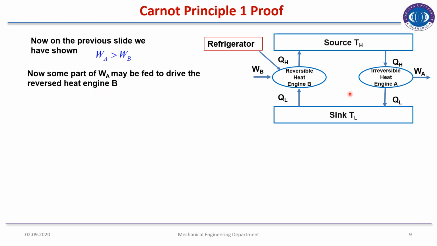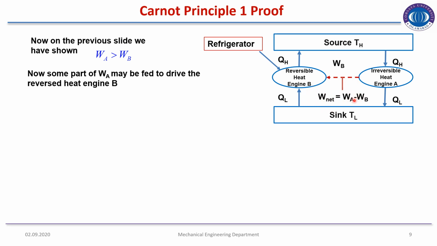As WA is the output of heat engine A and WB is the input of refrigerator B, and WB is smaller than WA, we will put some part of WA into heat engine or refrigerator B. So WA, we put some part as WB, and W net is WA minus WB. That is the amount of work that can be achieved.